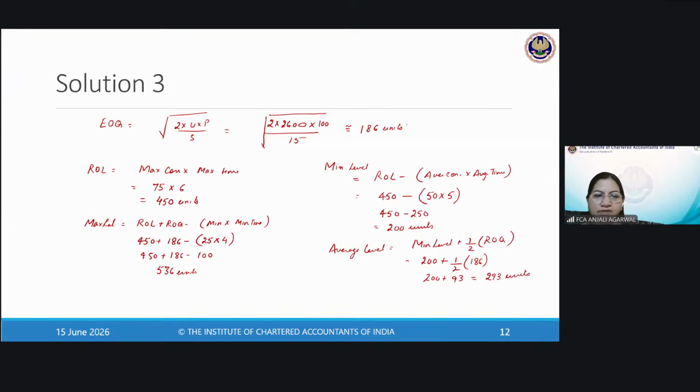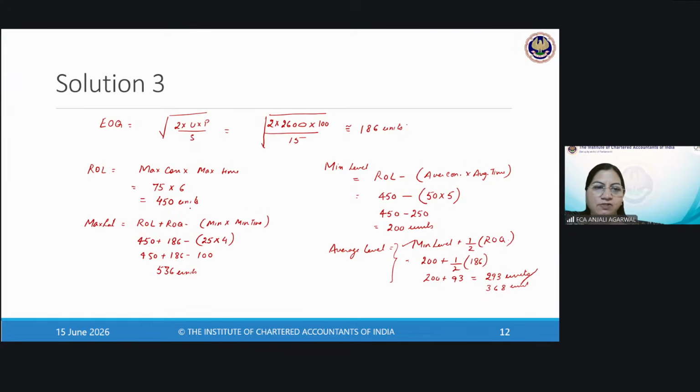Had I used average level as minimum plus maximum divided by 2, 536 plus 200, 736 divided by 2, that is 368. Your answers would be different using the two methods for average level. So in this method, you get 293. Otherwise, you would have got alternatively 368 units. Both are correct. You can follow this preferably.